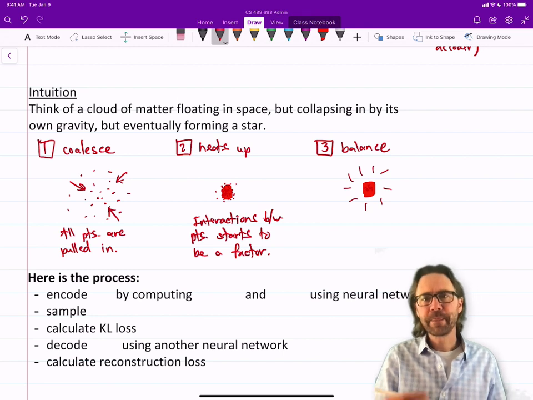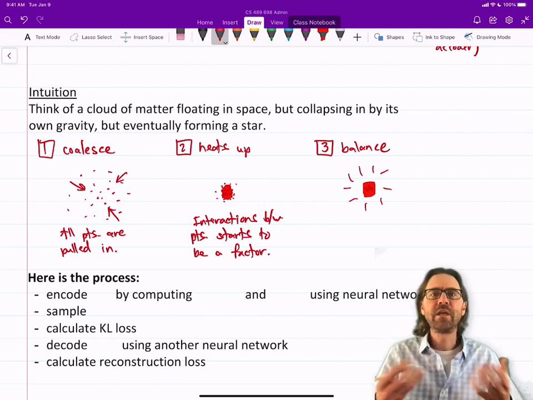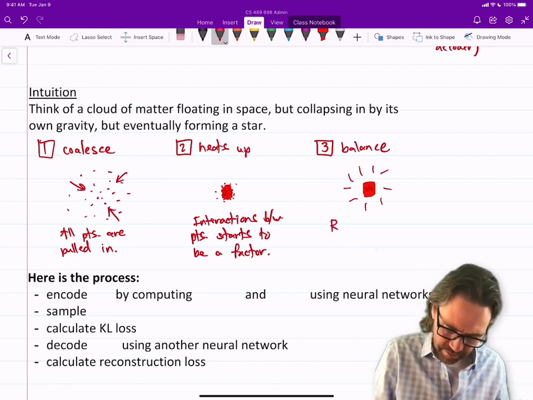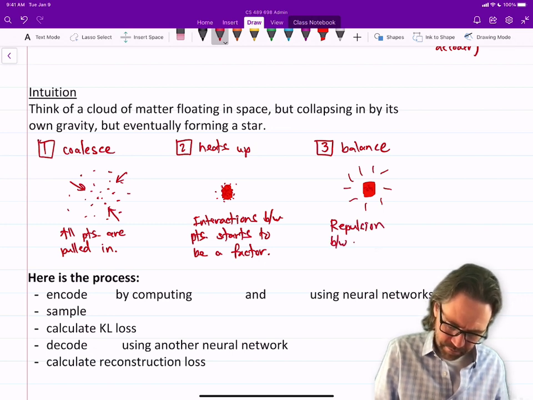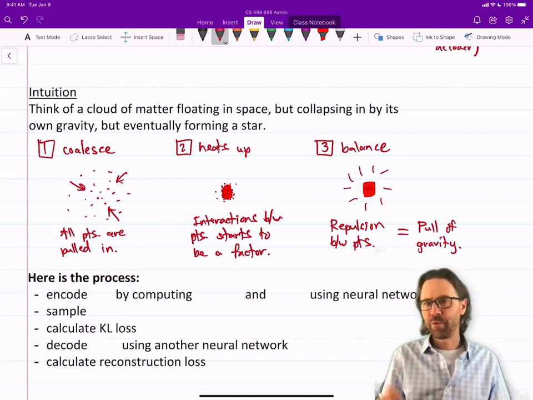At this point, the repulsion between the points is equal to the inward pull of gravity, or whatever's pulling it in.